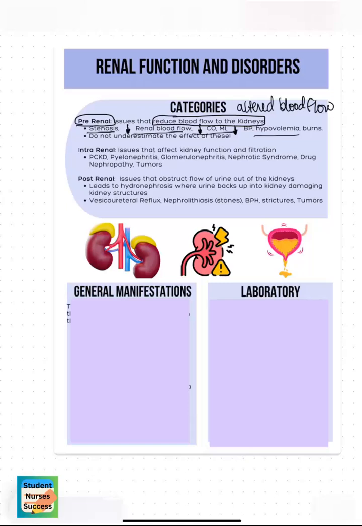Burns fall into this category because with burns, patients often become hypovolemic. Now, do not underestimate the effect of these things on renal function. And in fact, prerenal problems are usually the cause of acute renal failure.